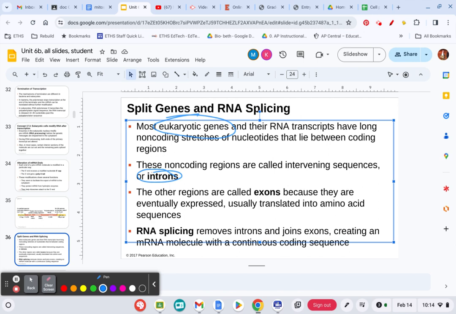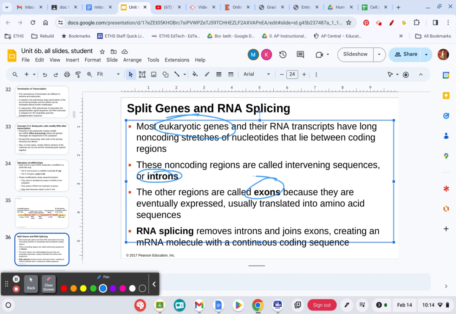So when an mRNA primary transcript gets generated, it has these intron sections in it. And they need to be removed before the mRNA becomes what we call mature. Okay, so it's ready to leave the cytoplasm, in other words. So those introns have to be removed. The other areas that are coding regions are called exons.